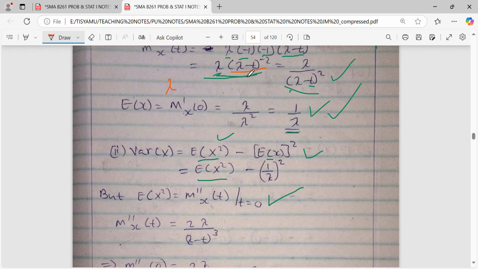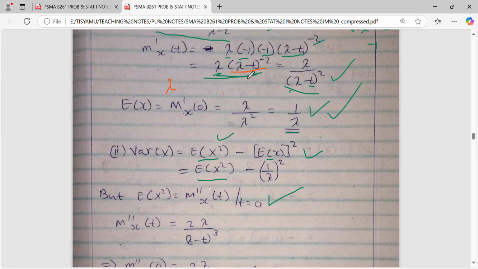And since we have a bracket here and inside it we have our variable, which is t, we are going to let this one be maybe z. So if you let z be lambda minus t, then you are going to have z raised to negative 2. So we first of all differentiate z raised to negative 2 with respect to z, and this will give us negative 2 times the power of z now reduced by 1.